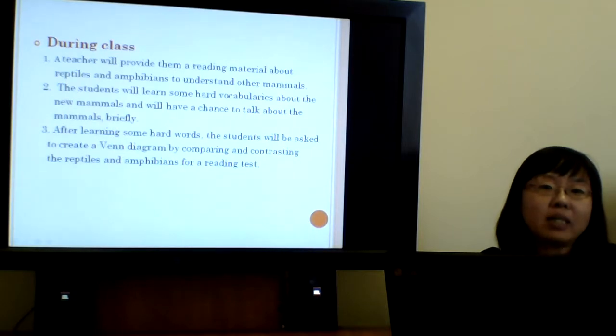And during the class, first, the teacher will provide the students a reading material about reptiles and amphibians to understand other mammals. And the students will learn some hard vocabularies about new mammals and will have a chance to talk about the mammals briefly. And then the last one, after learning some hard words, the students will be asked to create a Venn diagram by comparing and contrasting the reptiles and amphibians for a reading test.